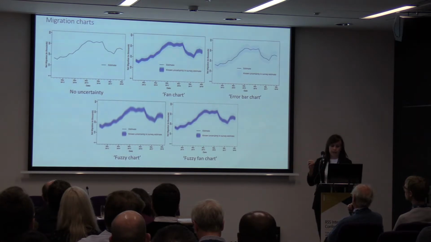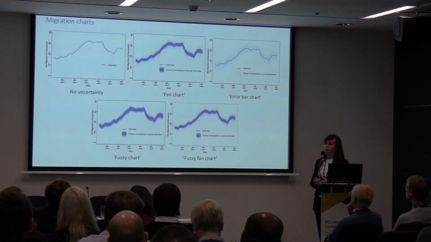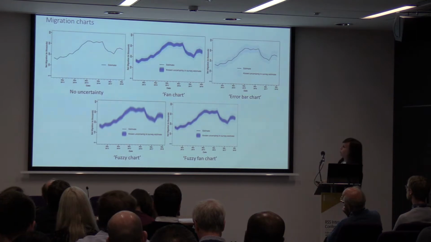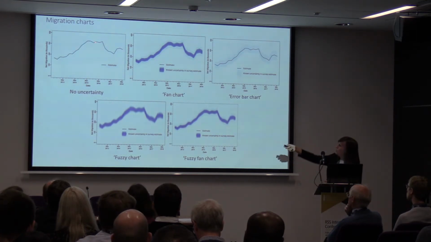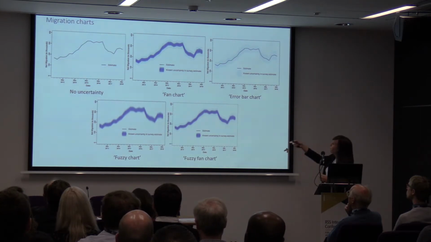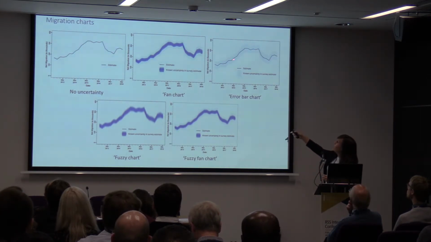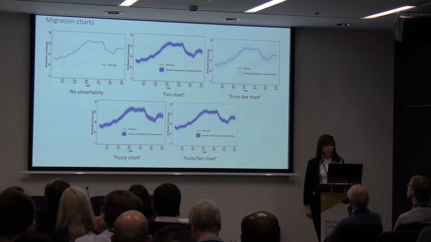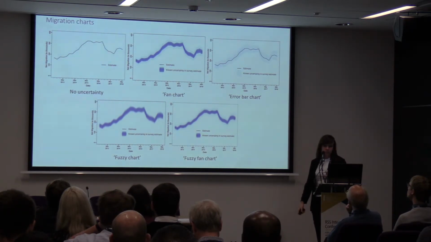Each individual would get one of these plots, and then they were asked to answer various questions on them. So what are the different plots that we've got here? Well, this one is just the data with no uncertainty whatsoever. This one is the data with the 95% confidence interval fuzzed over it.